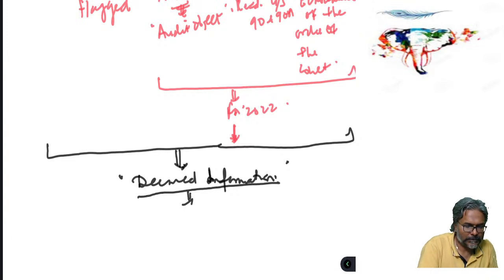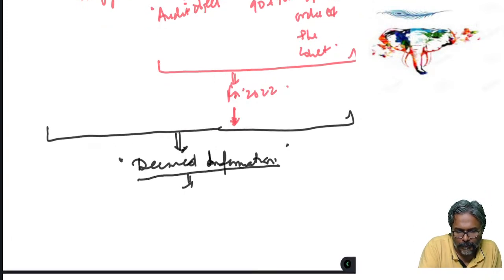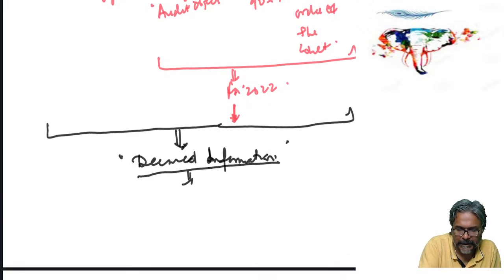Deemed information, students. In these particular cases, the AO is deemed to have information, so there is no question of whether the AO has information or not. In these cases, the AO is deemed to have the information.